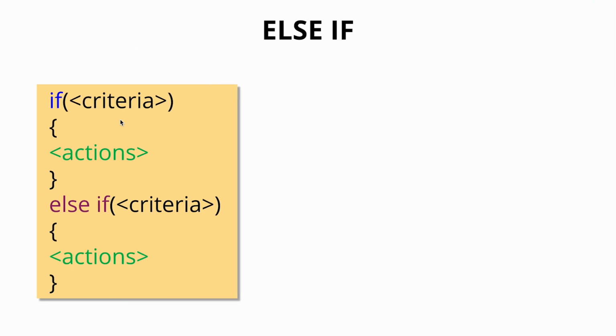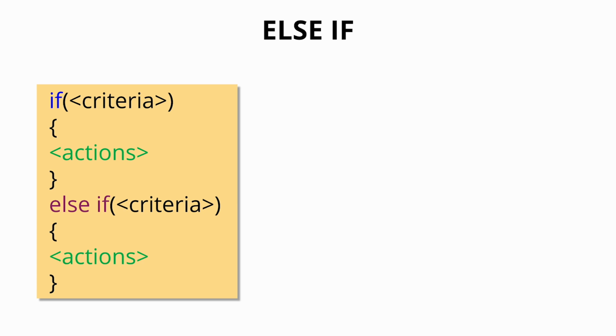There are scenarios where we may have to check more than one scenario at a time, right? So there will be multiple conditions, and we branch out our program based on the criteria we are meeting.